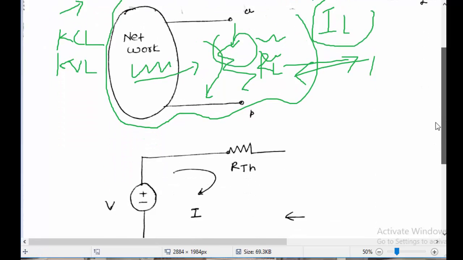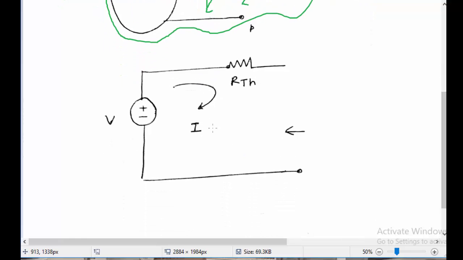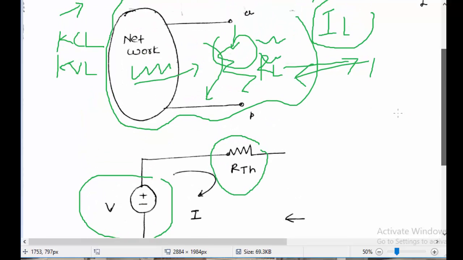Taking an example for the application, it could be easy to find by finding the equivalent voltage of the circuit and the equivalent resistance of this network. So RTH is the equivalent resistance of this network, and V is the equivalent voltage of this network, while the current flowing will be I Thevenin, or I load.